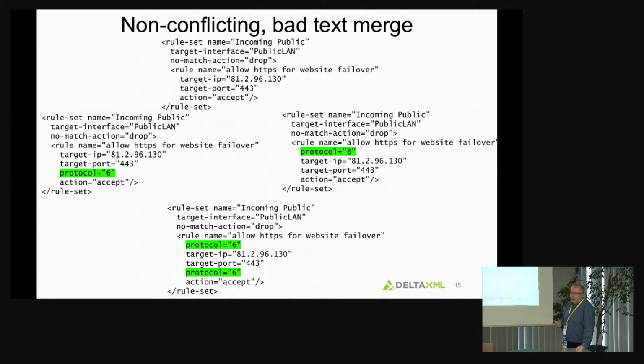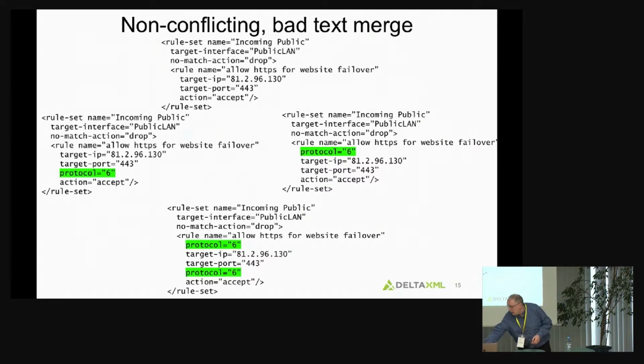But it's non-conflicting. And if you use a textual driver for this, you wouldn't invoke a merge tool to handle that any better later on. So this is another reason why we believe that the merge driver is a good place to improve the intelligence of the merge operation, as well as the merge tool.